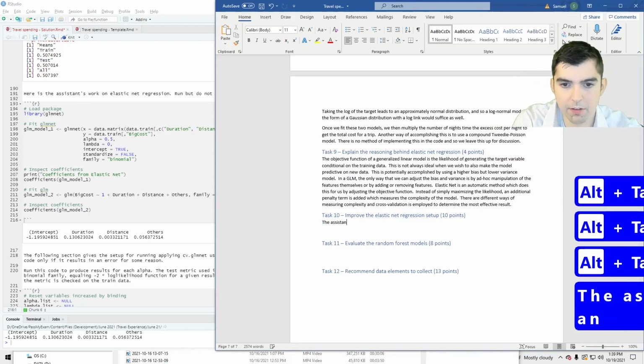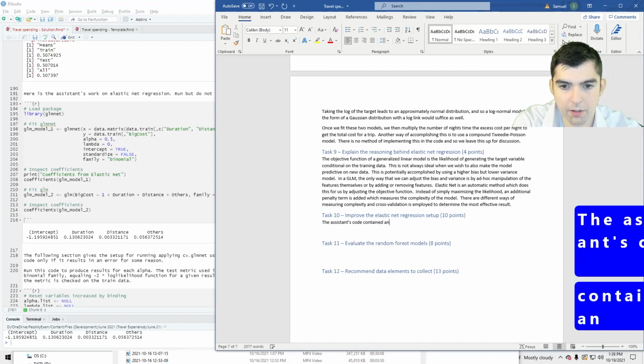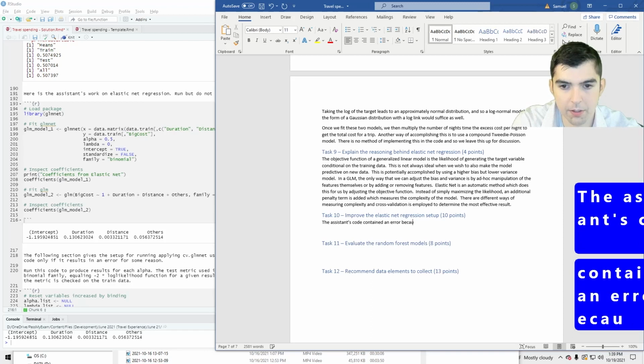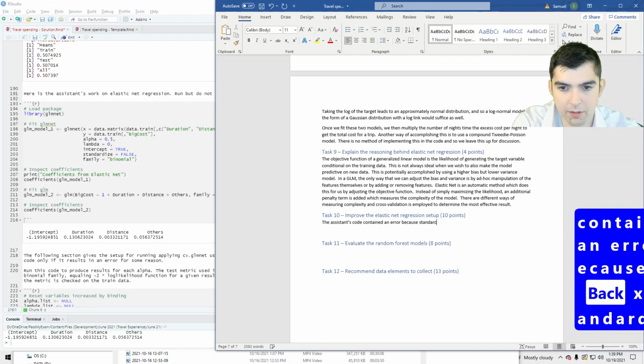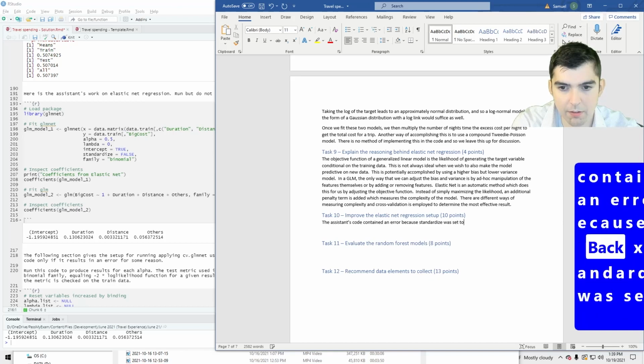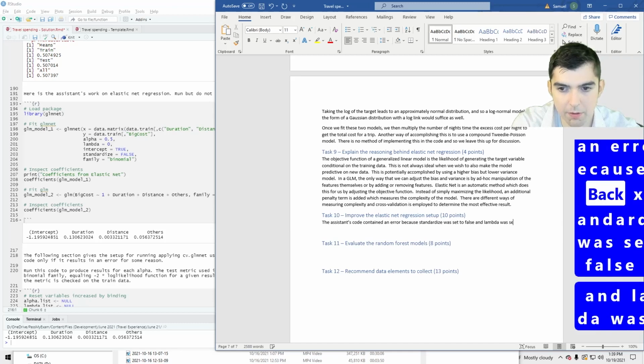The assistant's code contained an error because standardize was set to false, and lambda was set to 0.